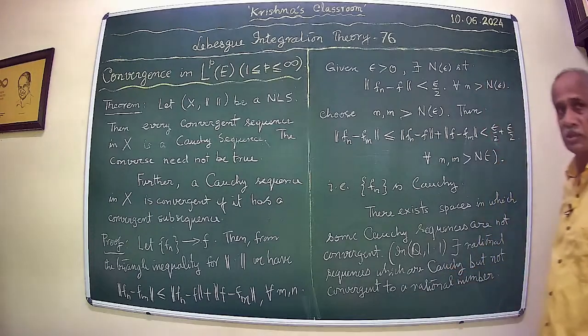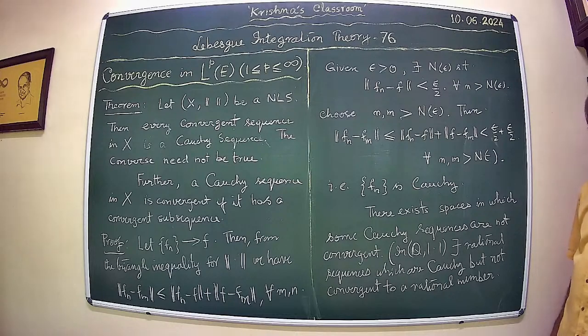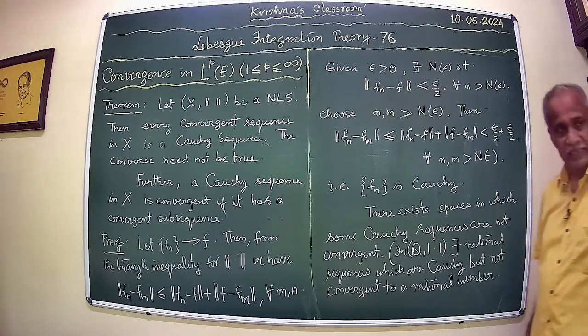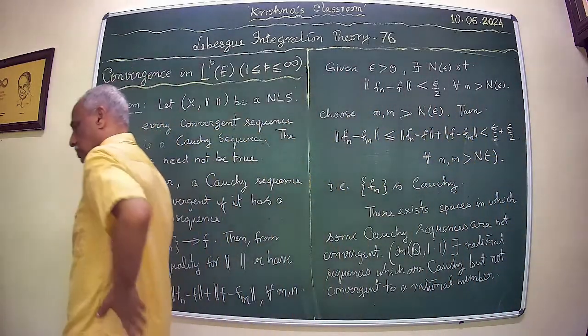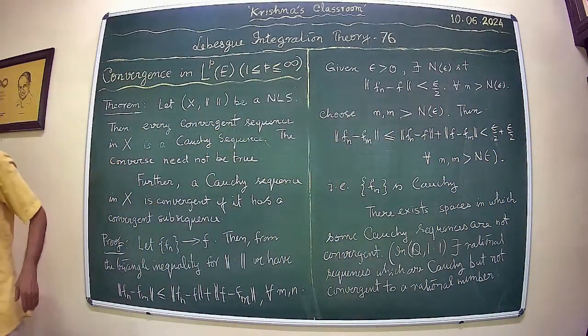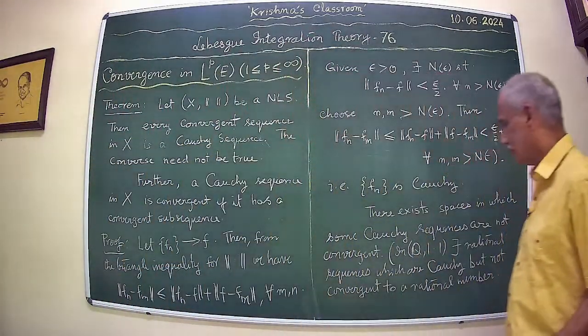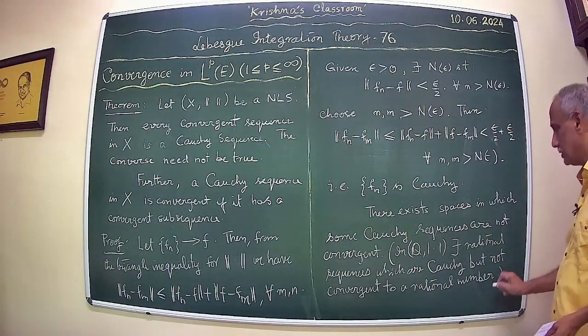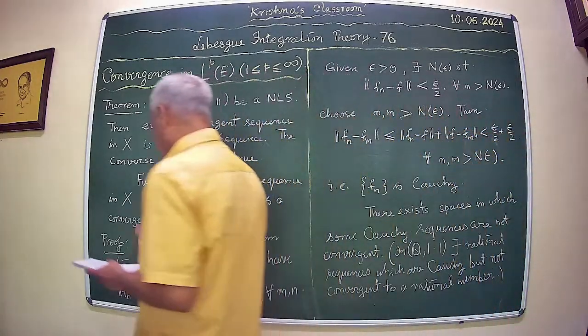En is a sequence of rational numbers, which is a Cauchy sequence, but it does not converge to a rational number. It in fact converges to the most celebrated number. Okay, so that's important. So the converse does not hold.